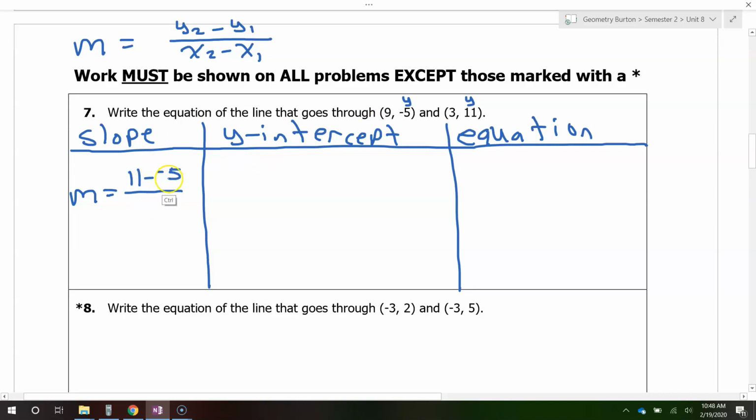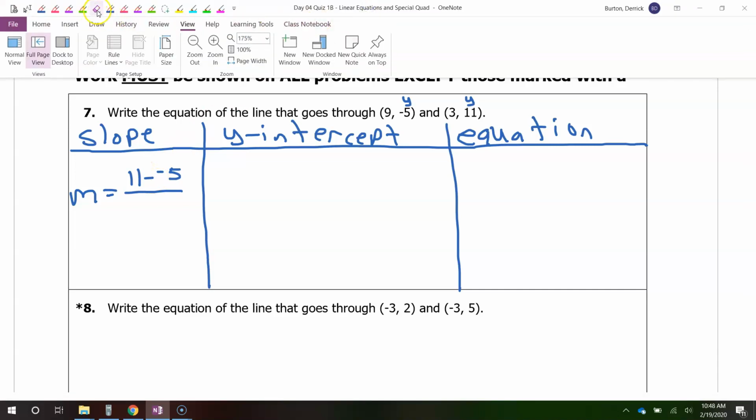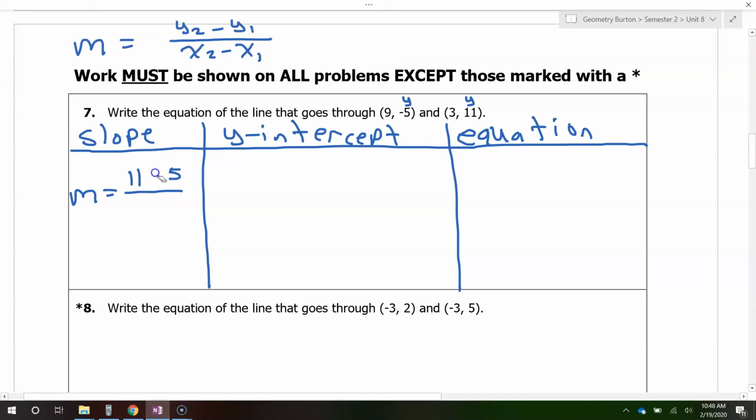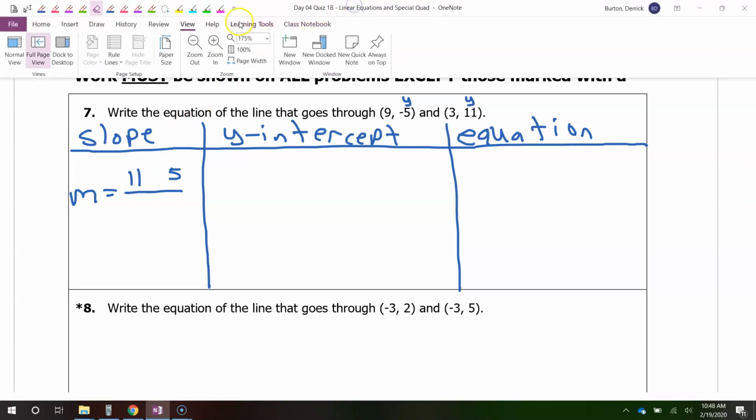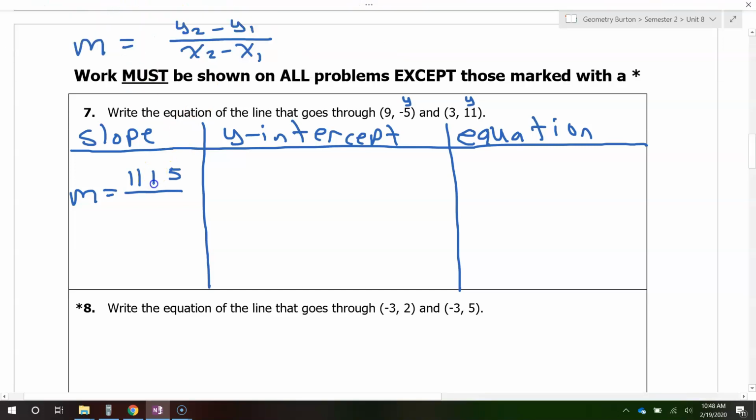When you subtract a negative number, you add. So this is really going to end up being 11 plus 5. Okay, but it's because of the minus a negative you add. Now we have to do x minus x. So that's going to be 3 minus 9.